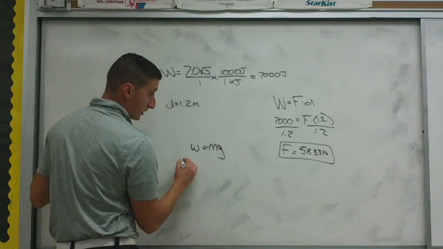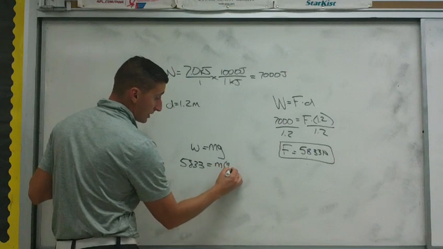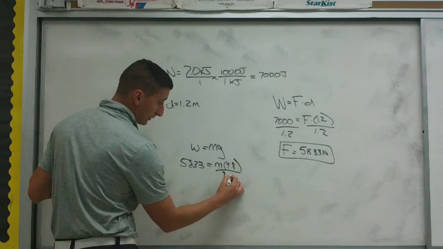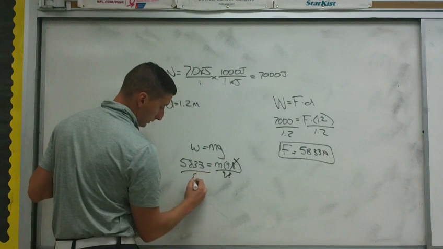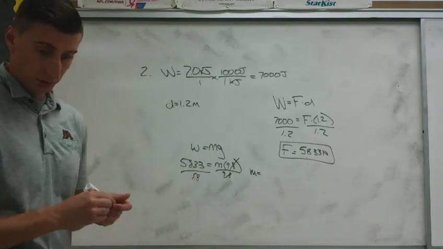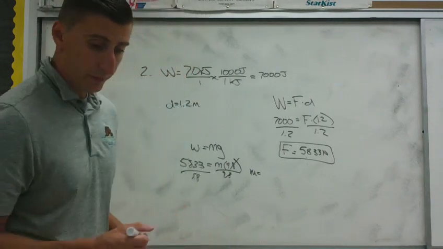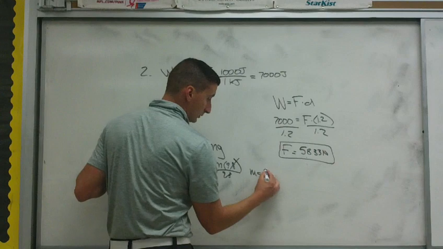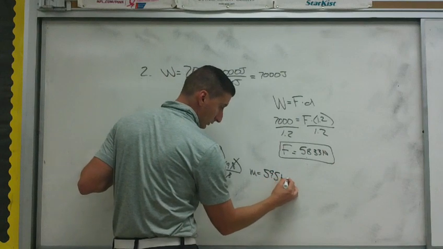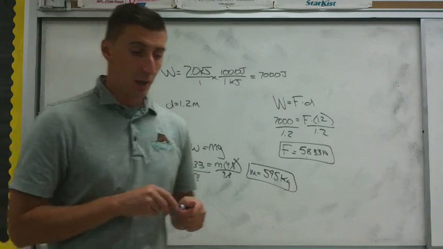Weight is 5833 equals mass times g. G is 9.8. Mass equals 595. 595 kilograms is the box mass.